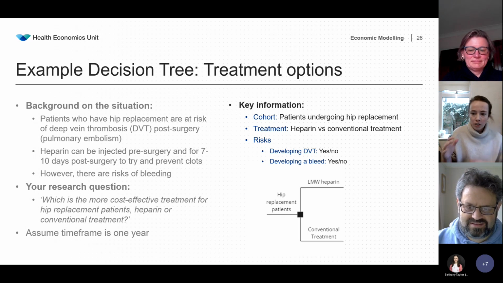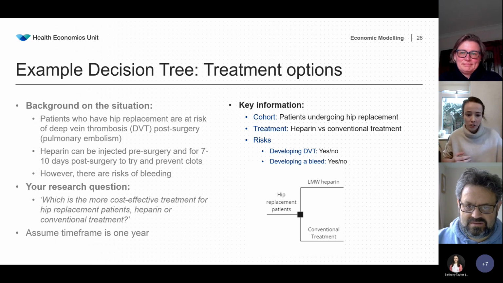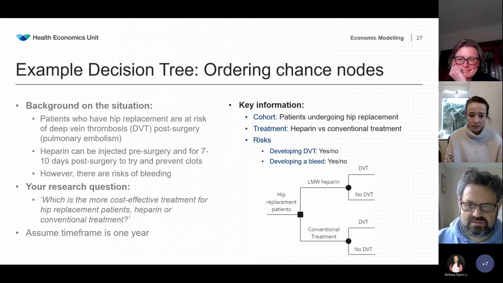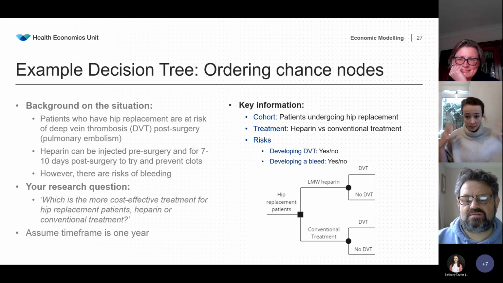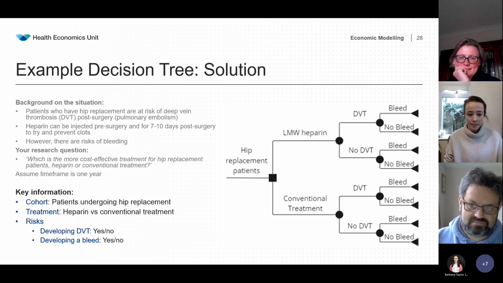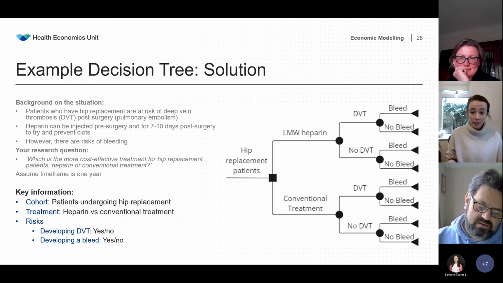And then from that, you've got your decision: do we give the hip replacement patients heparin or a conventional treatment? Next, once they have these treatments, the risk is that they're going to develop DVT or not. And the next step is, if they develop DVT, then having a bleed or not.